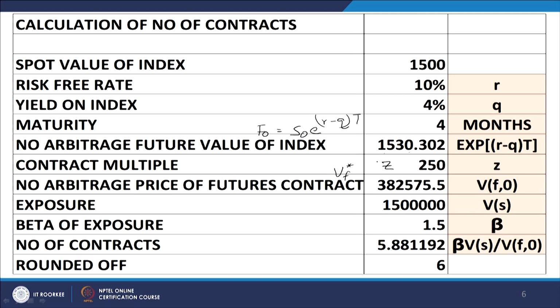So, how do we get the number of contracts? 1.5 million, that is the spot position, into beta S divided by V star F. This gives us the number of contracts, and this turns out to be 5.88. 1.5 into 1.5 million divided by 382575 gives us 5.88, which is rounded off to 6 contracts.